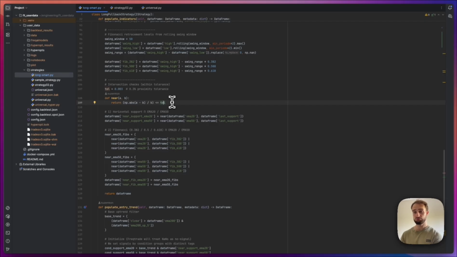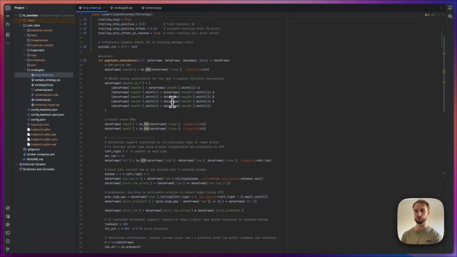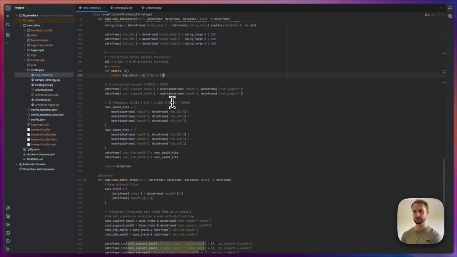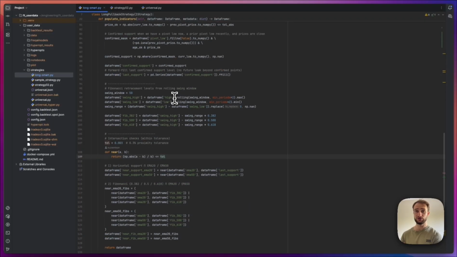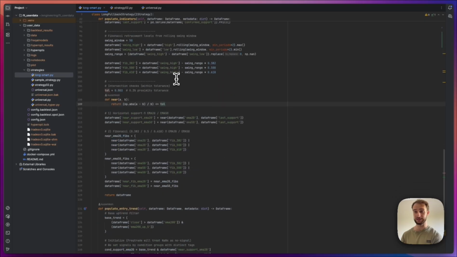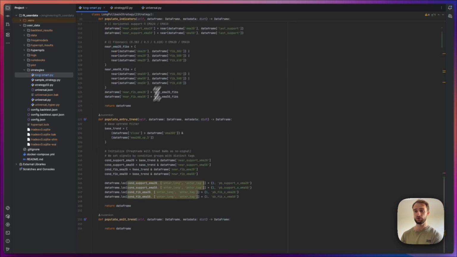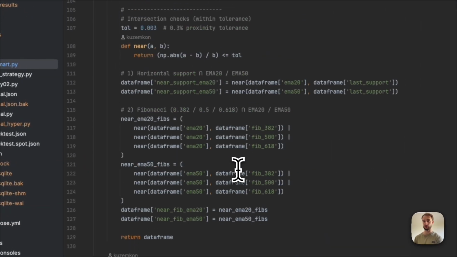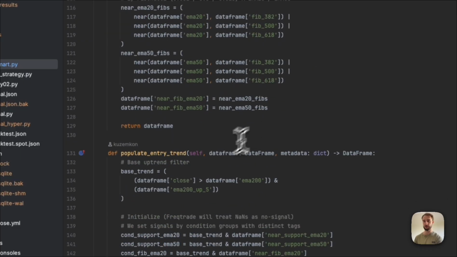So this is how we code these popular indicators. When you're doing it on the chart, it is straightforward: you just put the dots and that's it. The entry trend is more simple because we've carried all the complexity here.